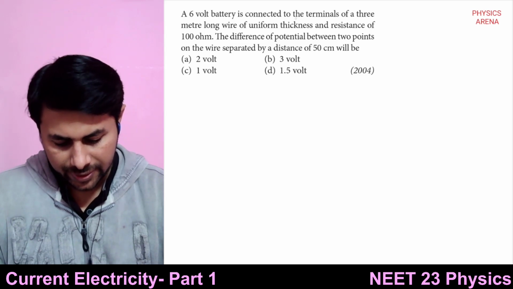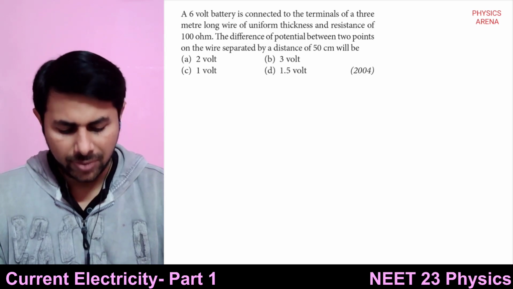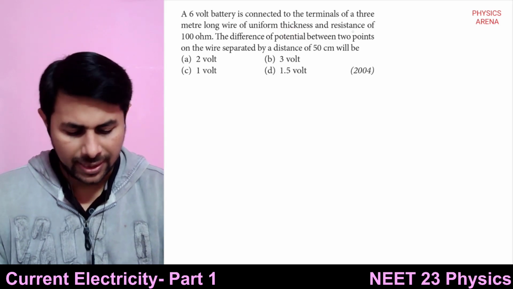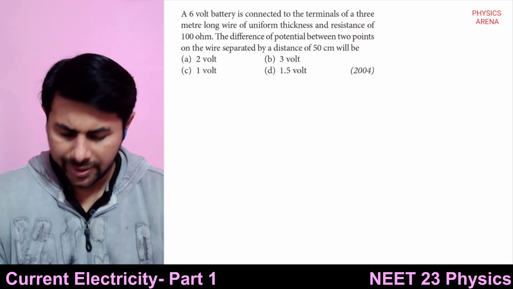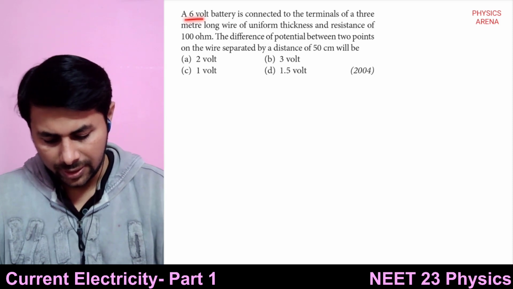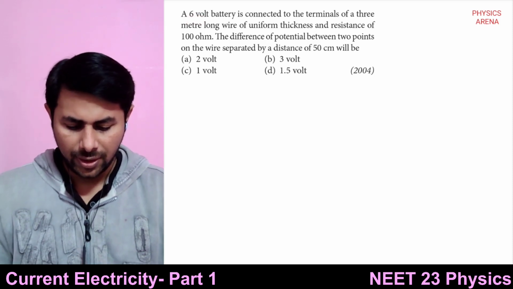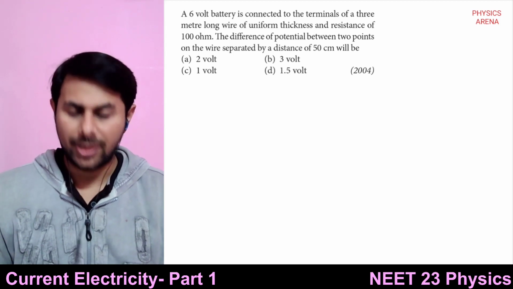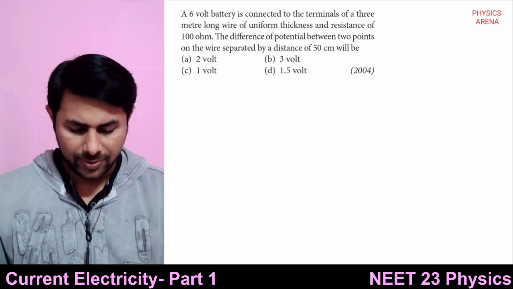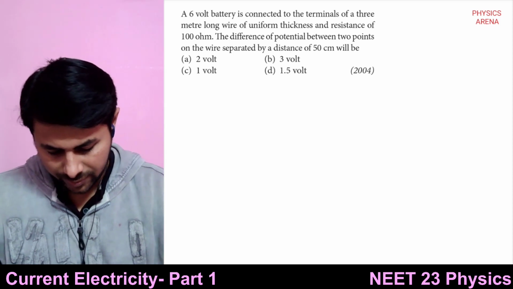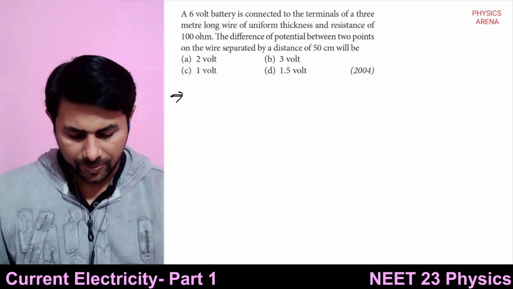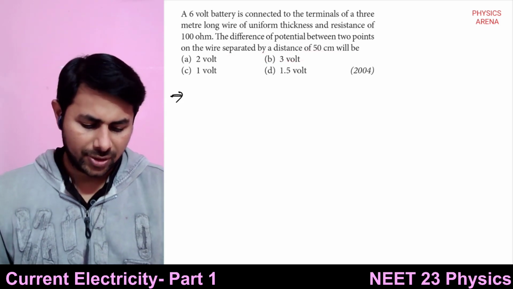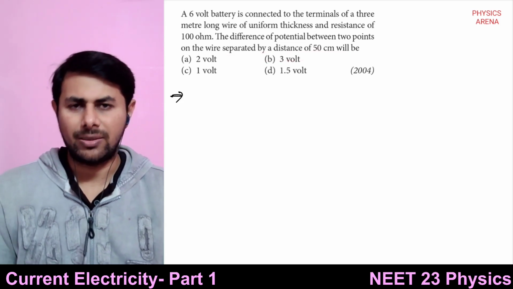A 6-volt battery is connected to the terminals of a 3-meter long wire of uniform thickness and resistance of 100 ohm. The difference of potential between 2 points on wire separated by distance of 50 centimeter will be.